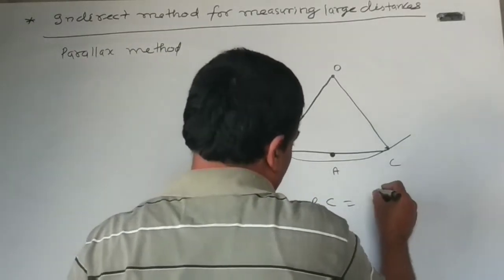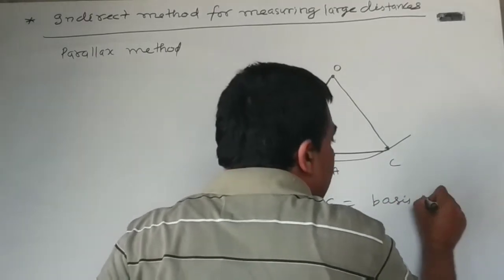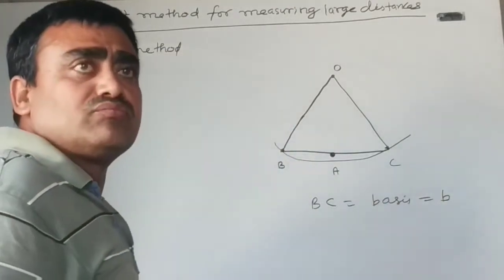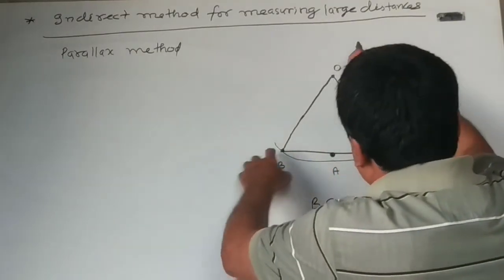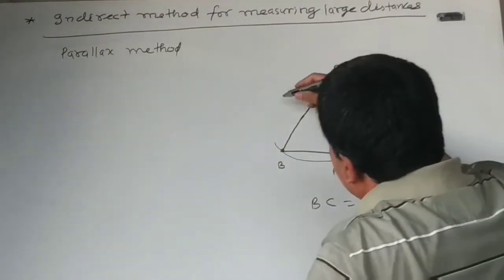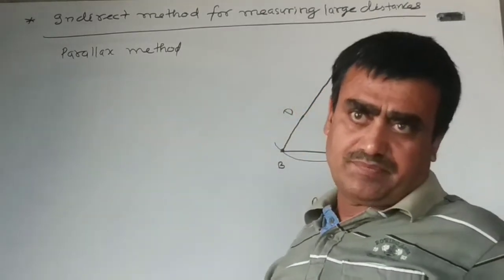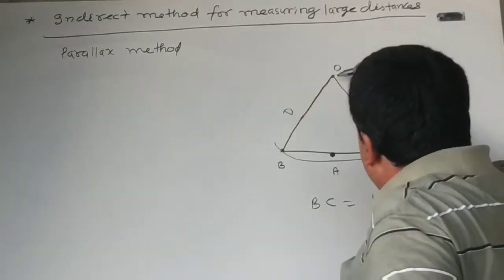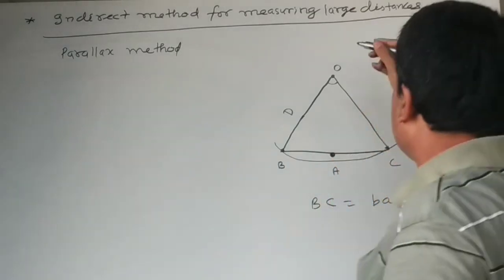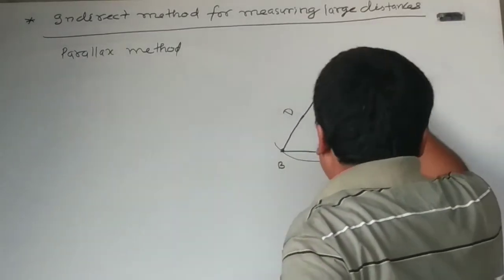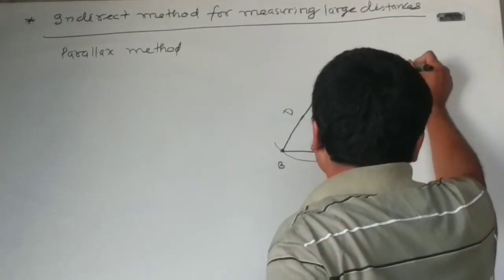BC is called the basis and is represented by a small b, and the distance between OB or OC is represented by capital D. And the angle formed at the surface of the moon is theta, and theta is called the parallax angle.